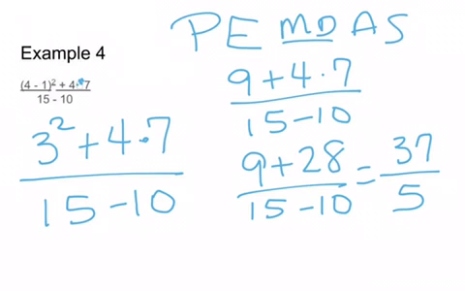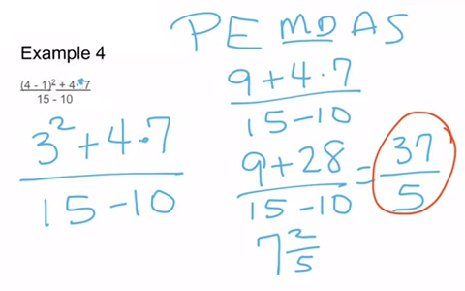Now this answer could look like several different forms. 37 over 5 is called an improper fraction. I could divide 5 into 37, and it goes 7 times with 2 left over. So another way the answer can look, besides 37/5, is 7 2/5. Or we could do 37 divided by 5 and write it as a decimal answer.